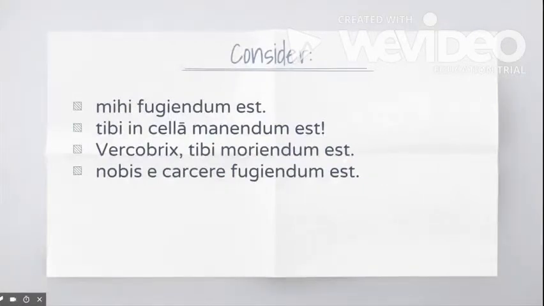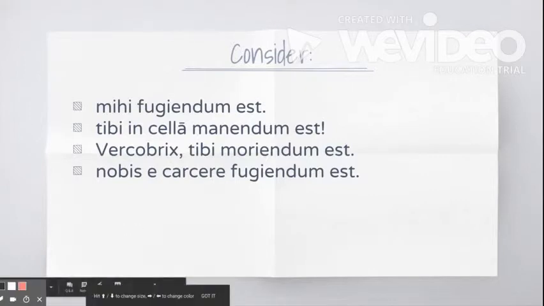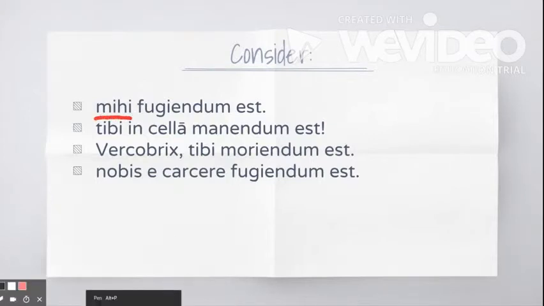So mihi fugiendum est is a gerundive of obligation, and it means I must flee. In looking at this sentence, mihi is the dative noun, fugiendum is your gerundive, and then we have est, which is the form of the verb to be.